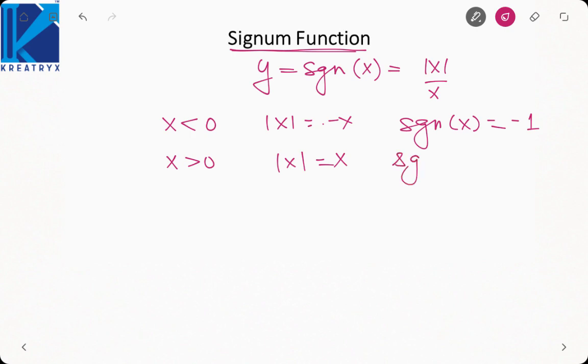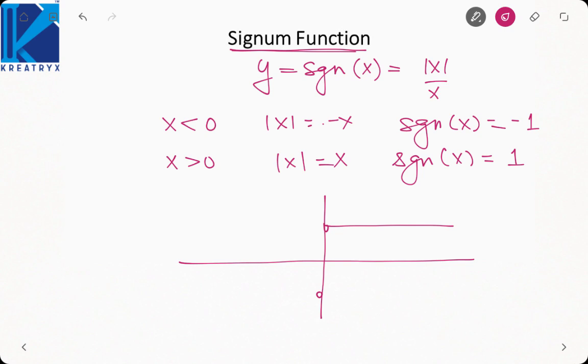Then signum x is equal to 1. Due to which the graph will be like this. For positive values we will have plus 1, and for negative values we will have minus 1. Its value at 0 will be undefined. Why? Because 0 by 0 is not defined.